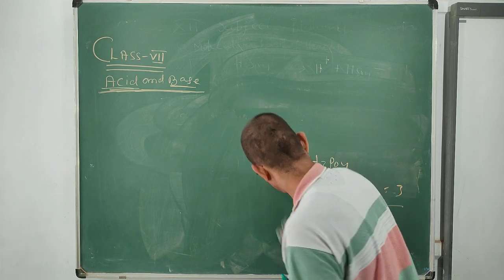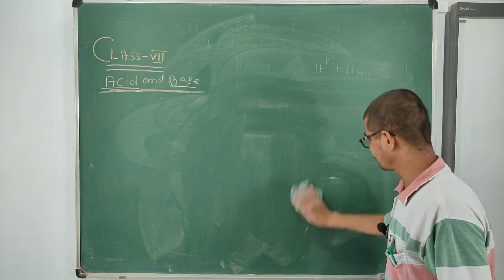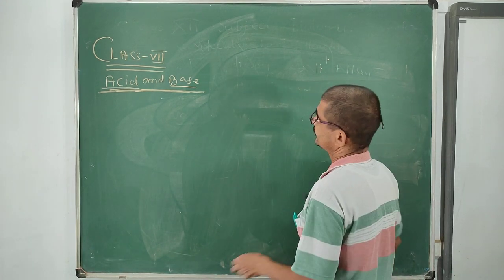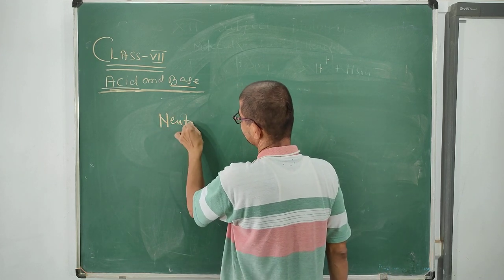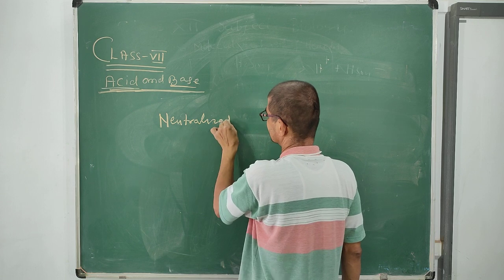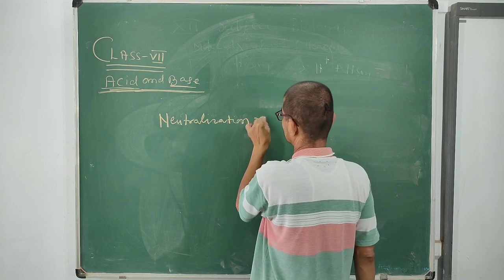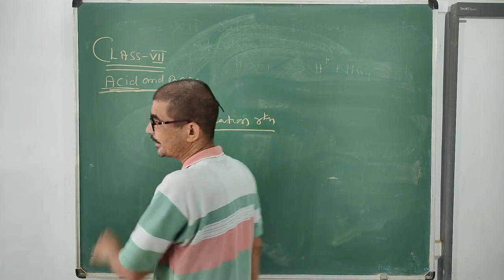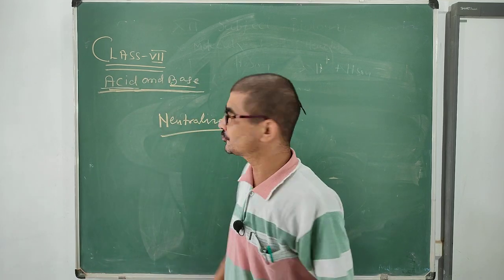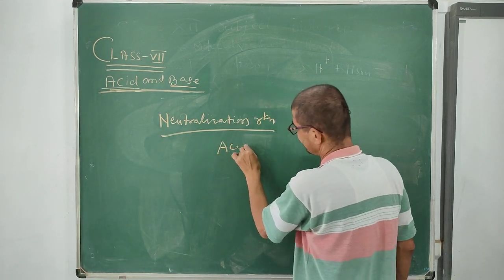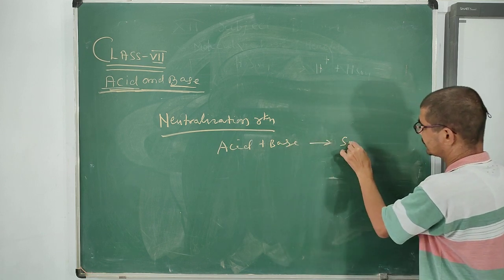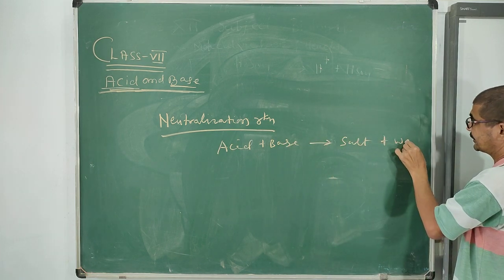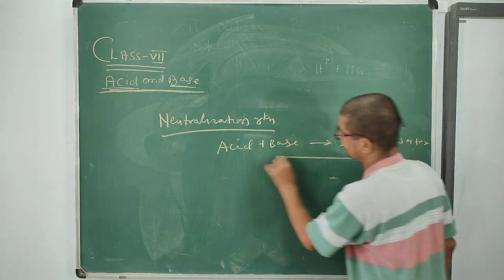Now the next topic I am going to discuss is what we mean by neutralization reaction. When acid reacts with base to form salt and water, this is called a neutralization reaction.